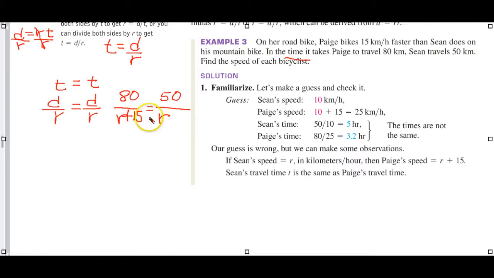But whenever we have a proportion, we can cross multiply. I don't know if you've had this technique before. So our equation for this problem will be 50 times r plus 15 equals 80 r as we cross multiply.